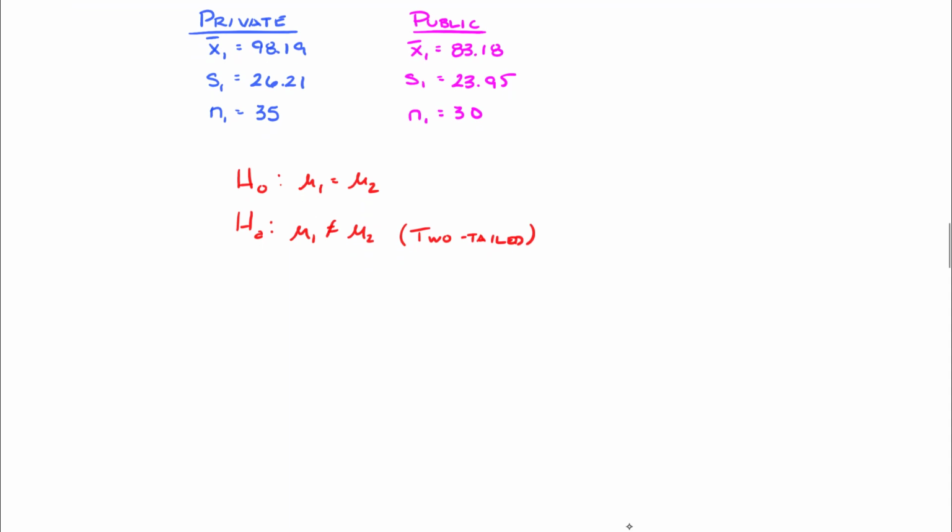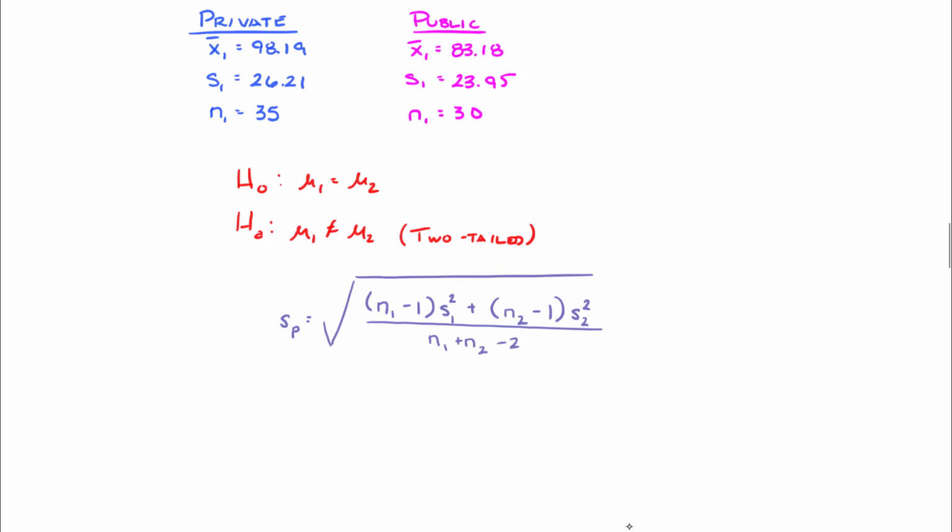And now we can compute our test statistic. Before we compute the test statistic, we do have to come up with that value for the pooled standard deviation. Remember, that's that S sub P, which is going to be equal to, I'll write out the formula again. So that's the formula, and we're just going to substitute in all the values that we know.